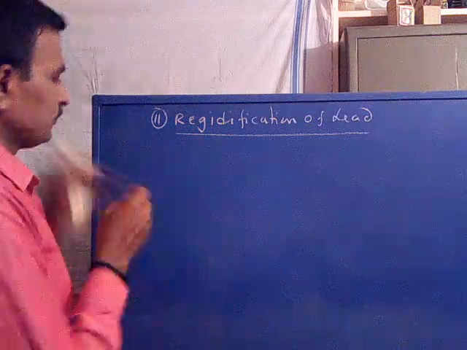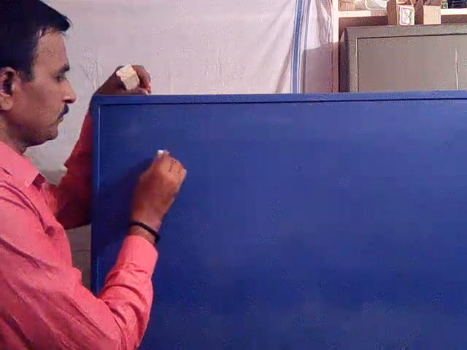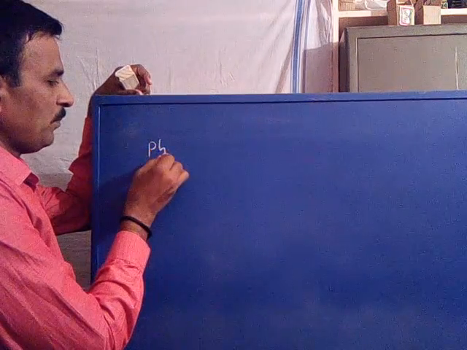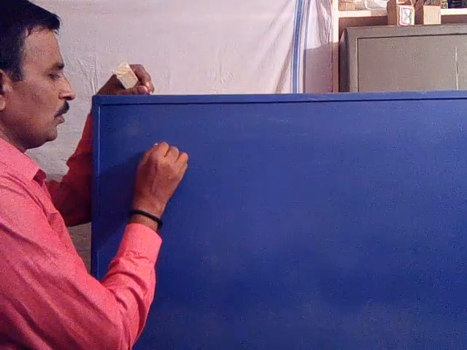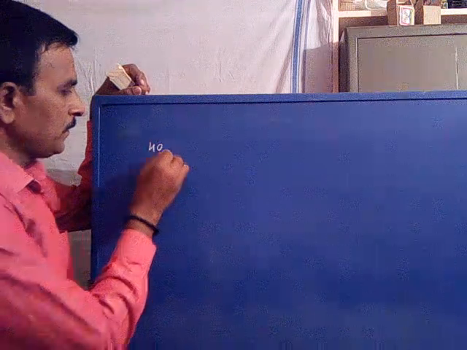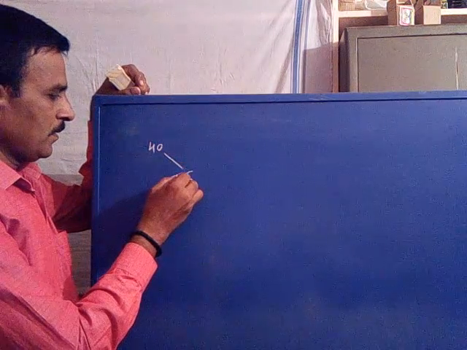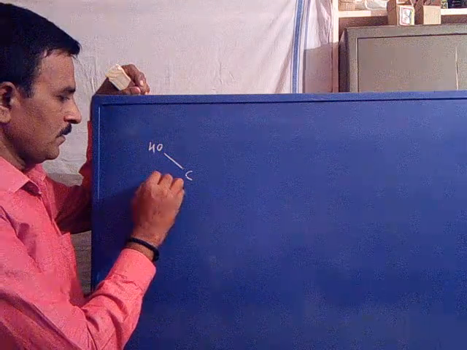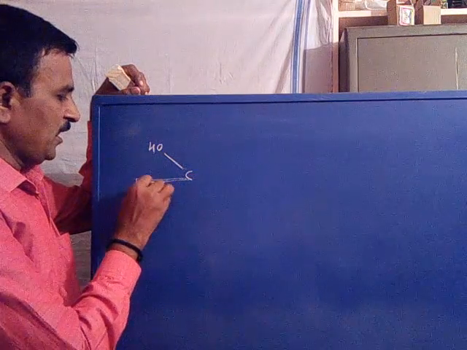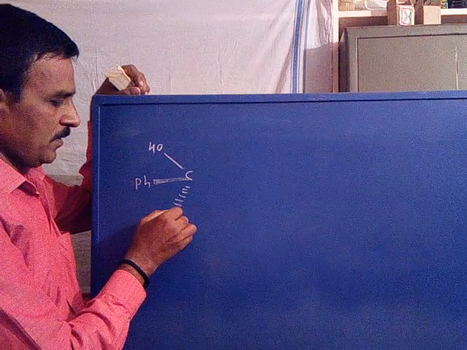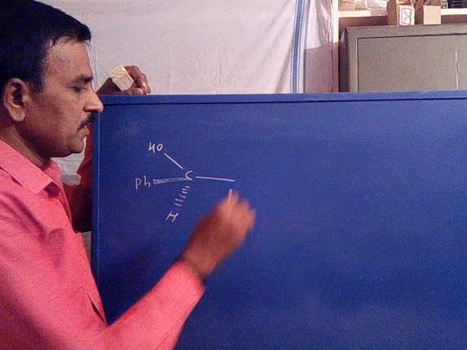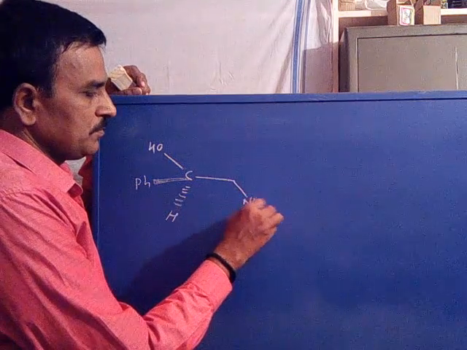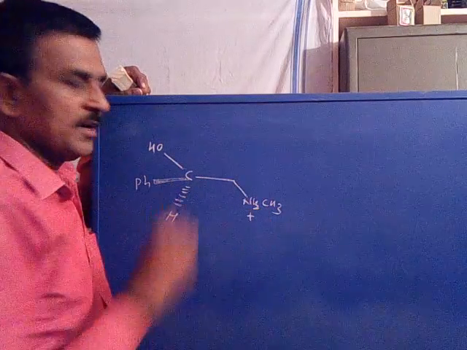For example, here is a phenyl ring, an OH group on a carbon, a hydrogen attached, and NH2CH3 with a plus charge.